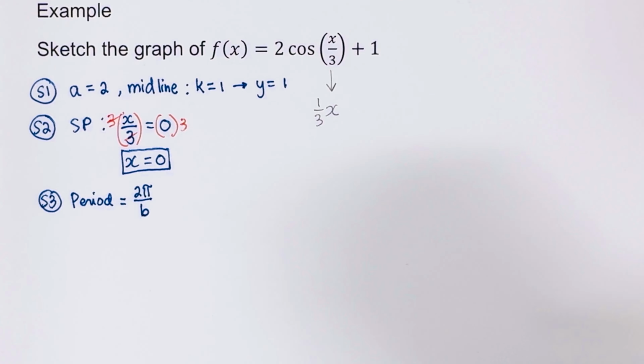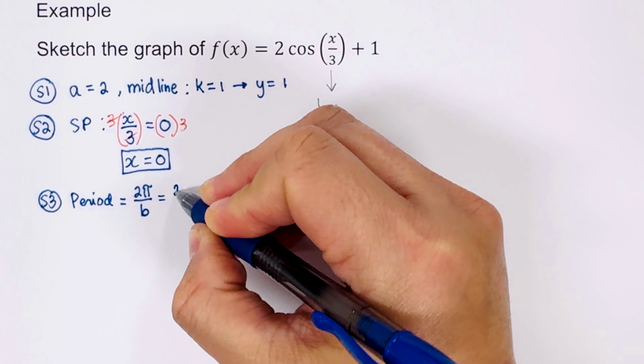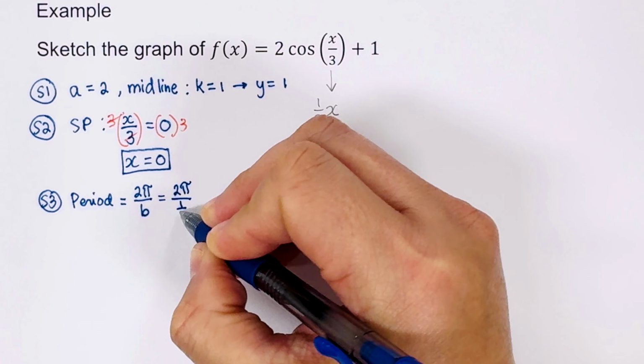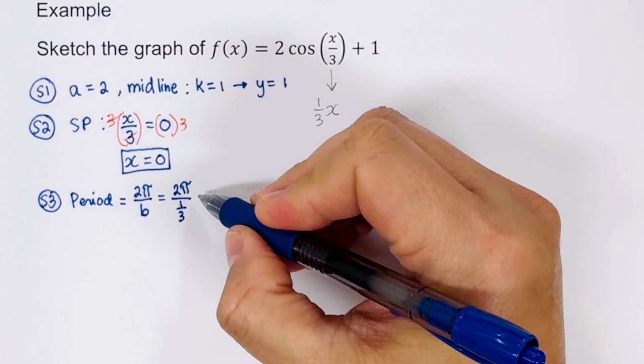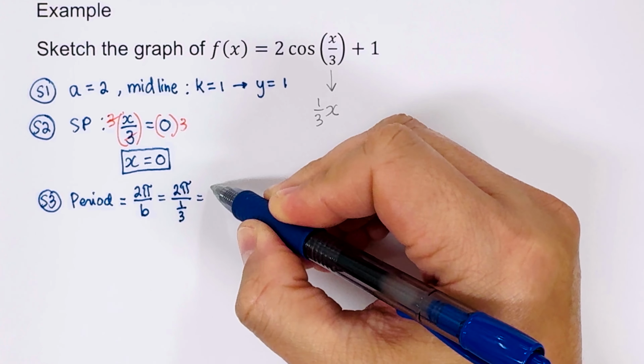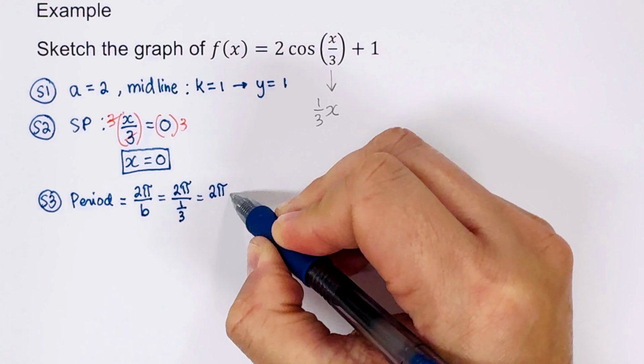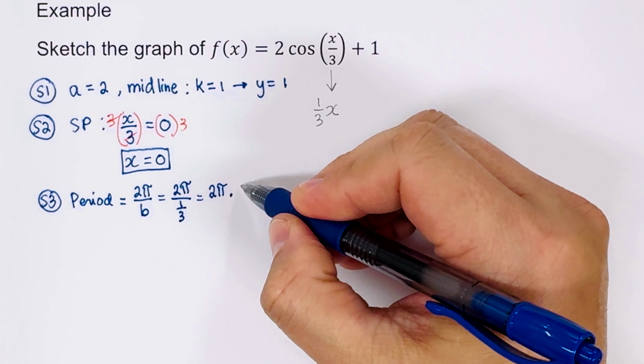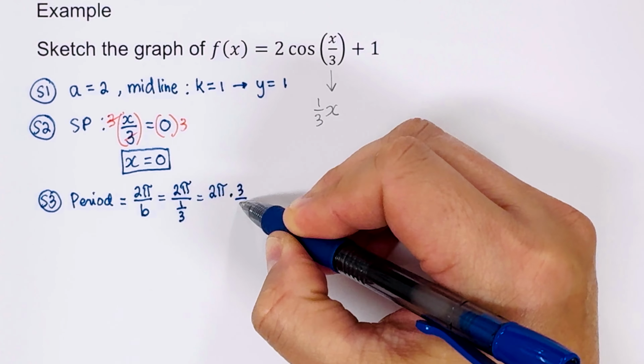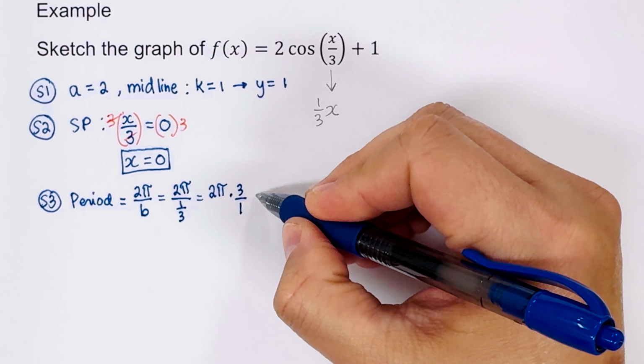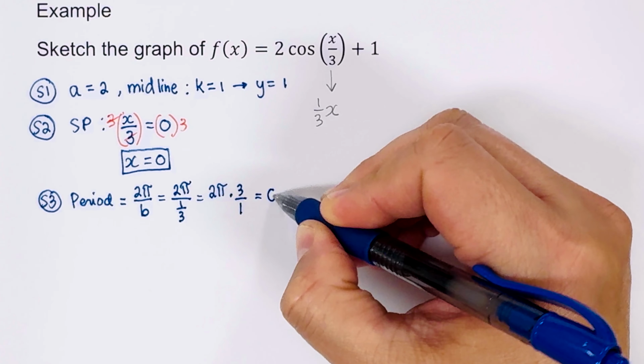So I plug that in here, and this comes out to 2 pi over 1/3. Since this is a complex fraction, we copy the numerator, which is 2 pi, flip the denominator, and multiply across. So that is 3 over 1. In this case, our period is 6 pi.